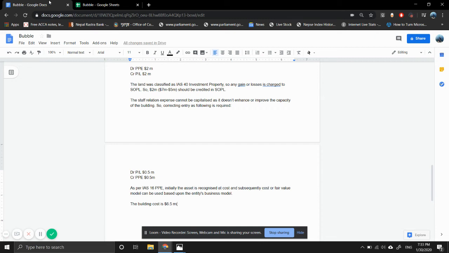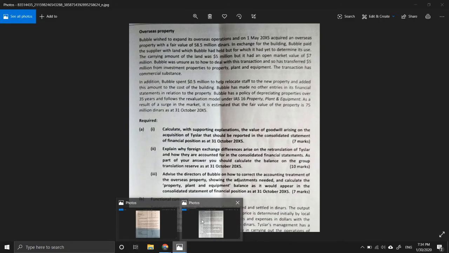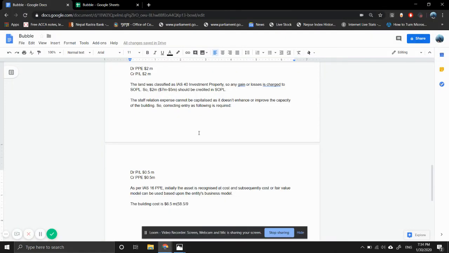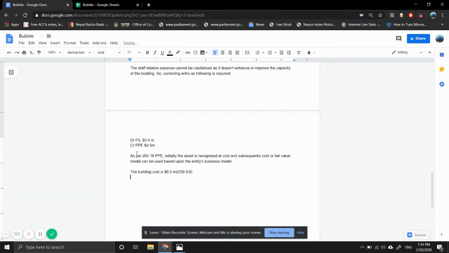This is 8.5 divided by 9. What I can do is a working note.